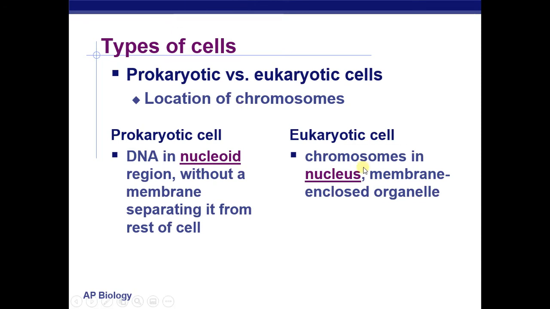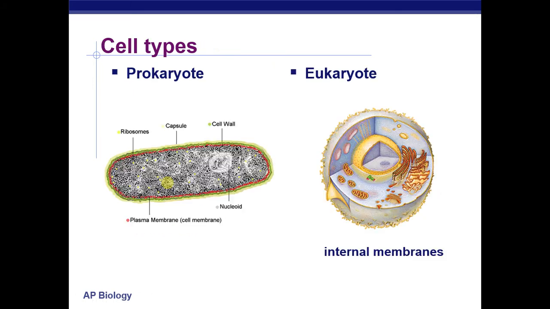That's actually where we get these terms. Eukaryote, or eukaryotic, means true nucleus. So they have a nucleus, and prokaryotic cells do not. That's one of the big differences between these two types of cells. For example, here's a prokaryotic cell.